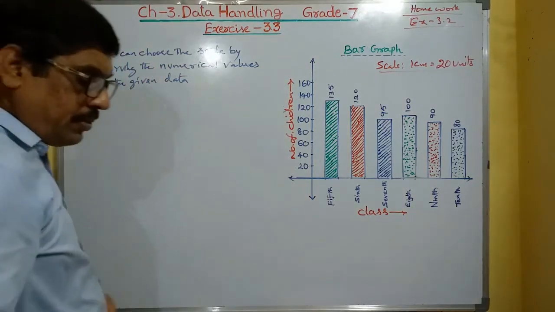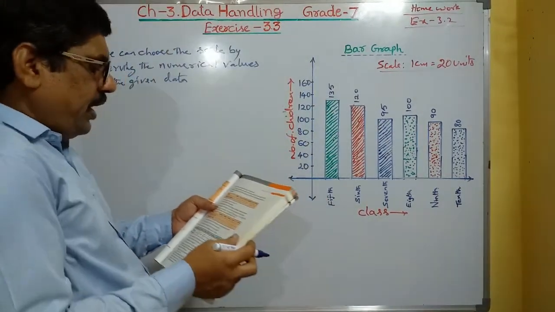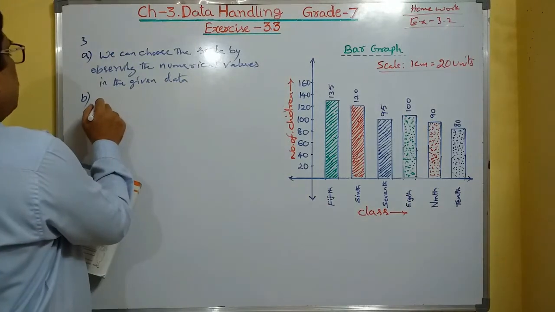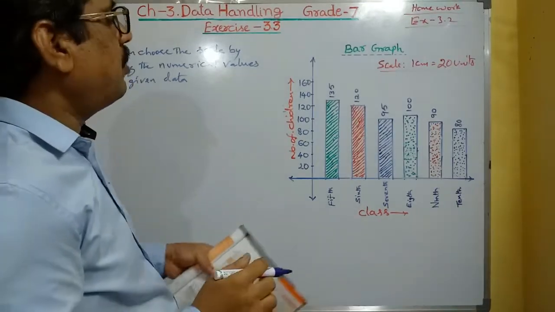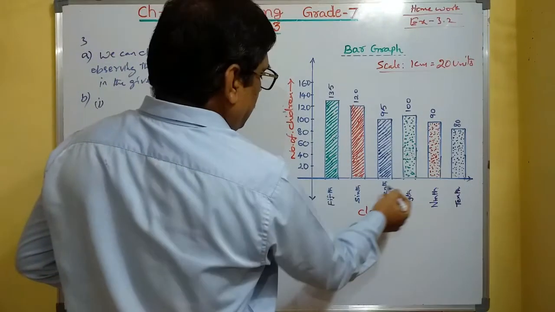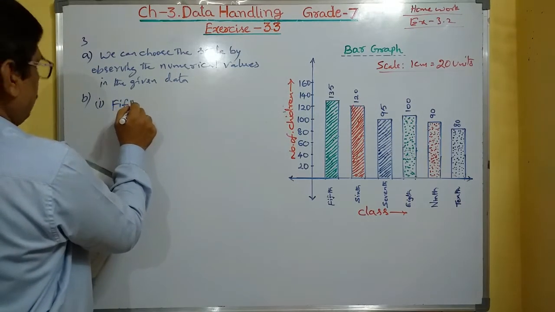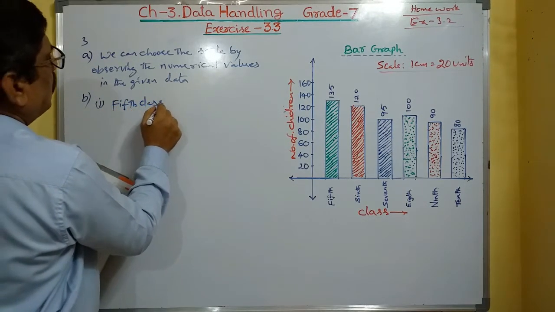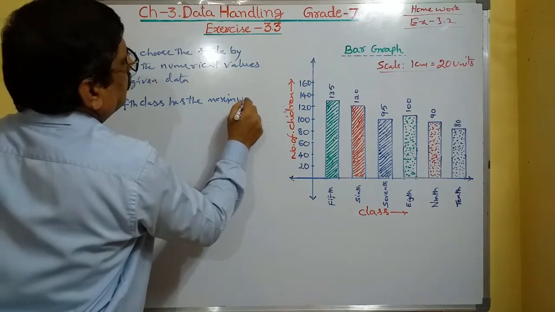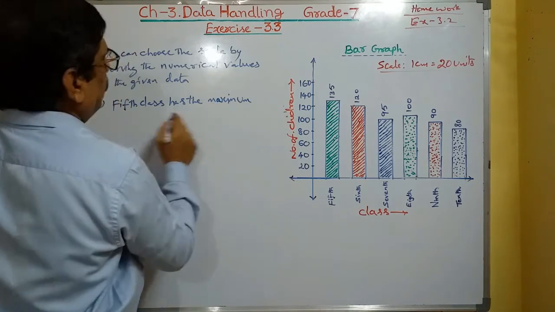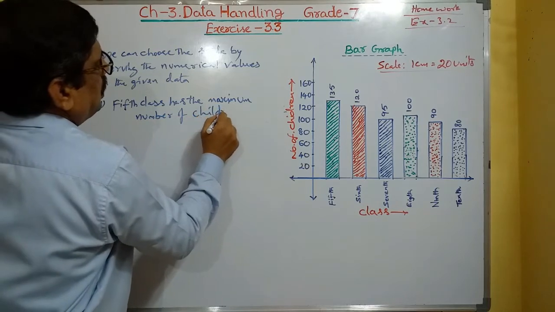Now in part B there are two questions. Which class has the maximum number of children? And the minimum. Which class has the maximum number of children? The 5th class has the maximum number of children.